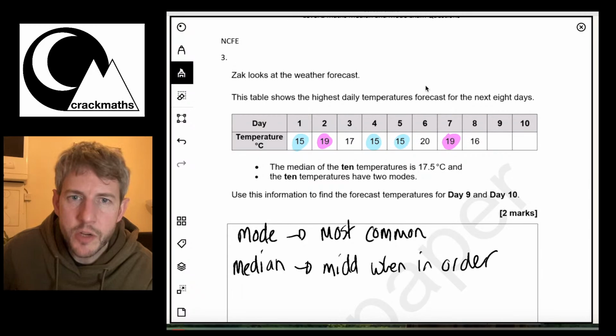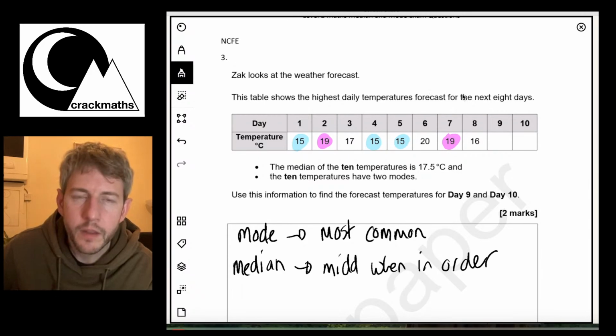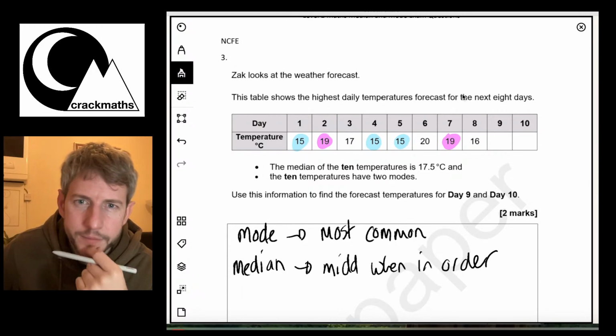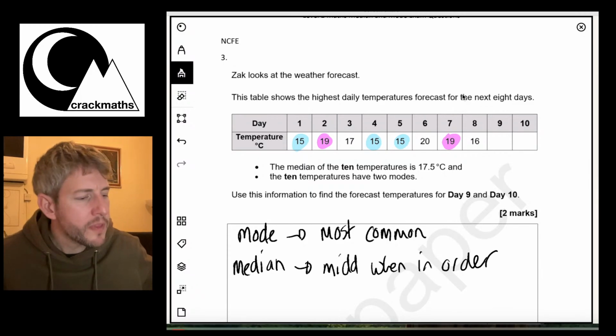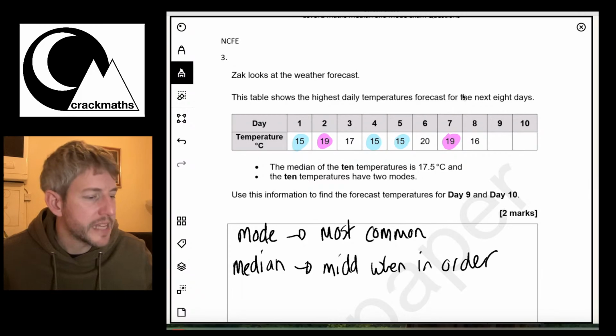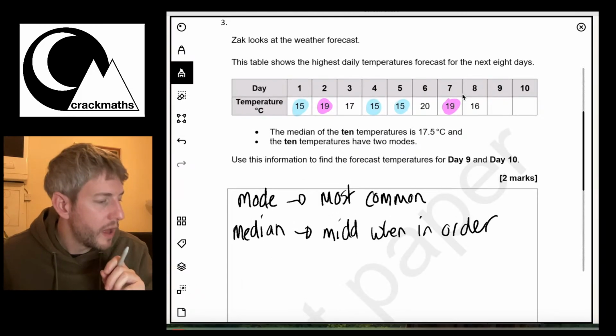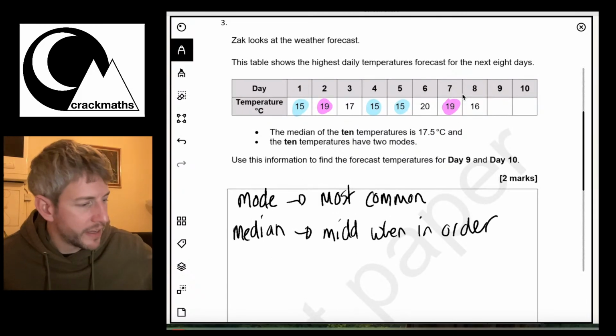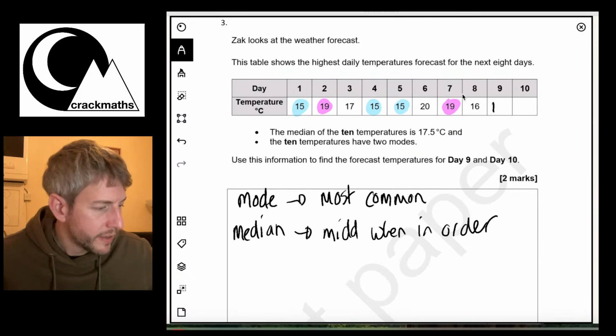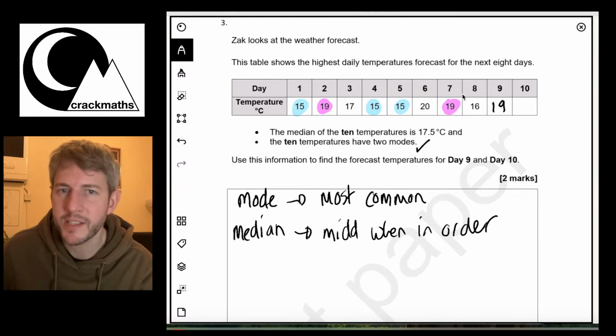Because otherwise the 2 numbers here will be the same. So it might be that there's a collection of different answers that we could have. But I'm just going to temporarily put 19 in as one of those and say that we now know that the temperature has 2 modes.